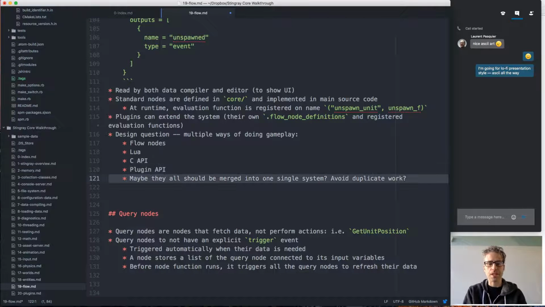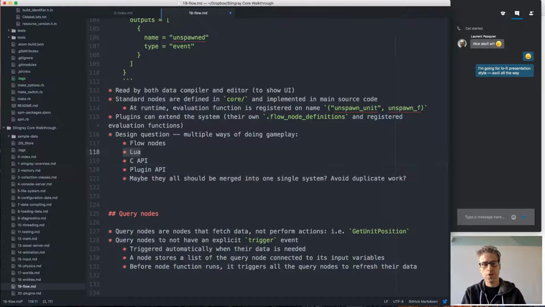So one thing you might ask yourself is maybe they should all be merged into a single system to avoid duplicate work, because by having all these systems, we need to expose APIs through all of them. So maybe it would be better to just do it once and everything would be the same. And we're kind of starting to do that.